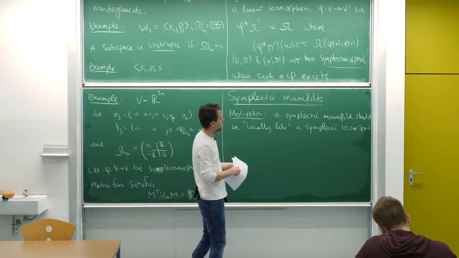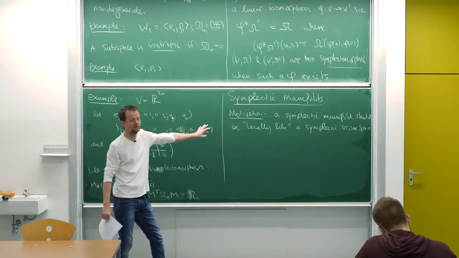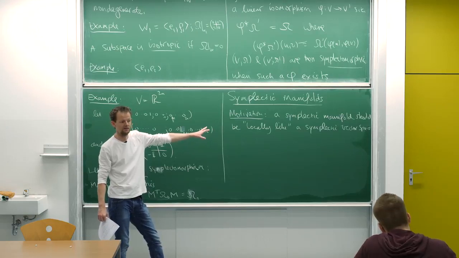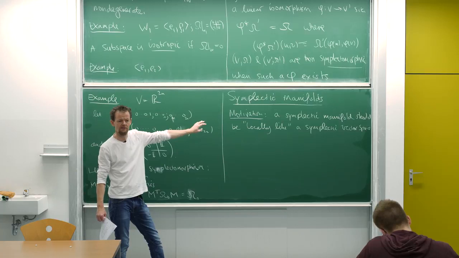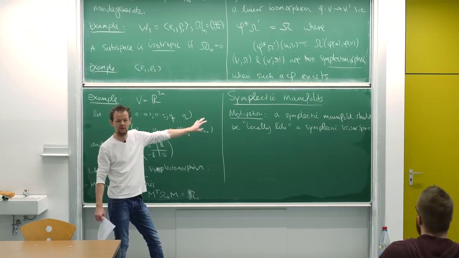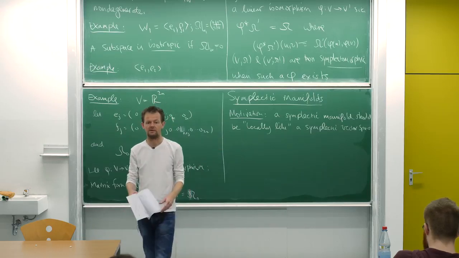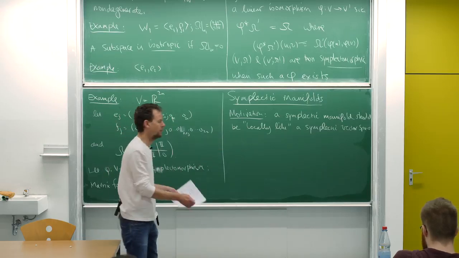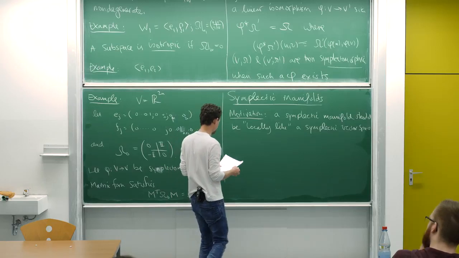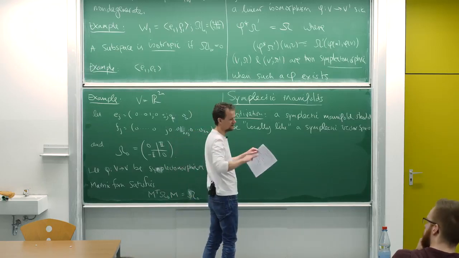And we can answer this question by looking at the tangent space of a manifold and seeing, is there a symplectic form on that tangent space, a tangent space of the vector space? If so, then we should assert that the resulting manifold is symplectic. Now there's some additional properties we're going to demand to make it nice and smooth.